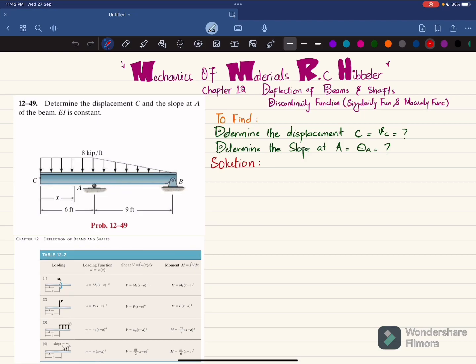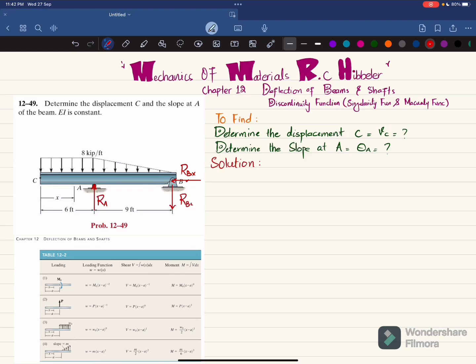First step is that if you remove the roller support at point A, you will be having a reaction force which is represented as RA. And if you remove this pin support at point B, you will be having a horizontal reaction force which is RBX, because it's the horizontal component, and there will be a vertical component as well which will be RBY.